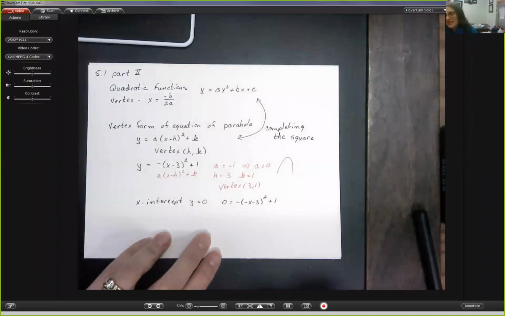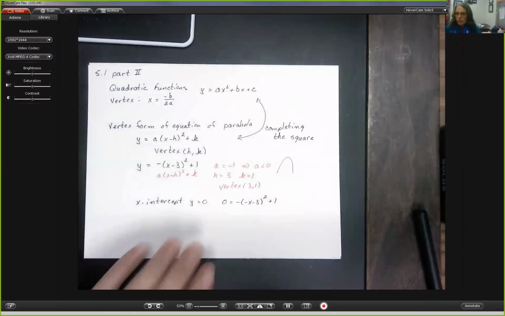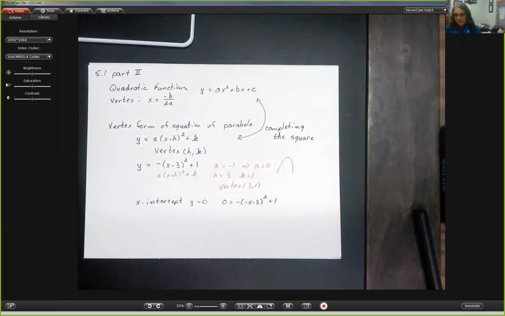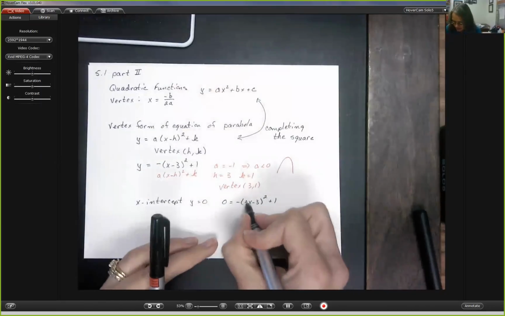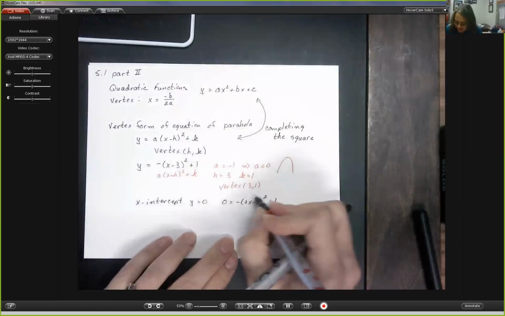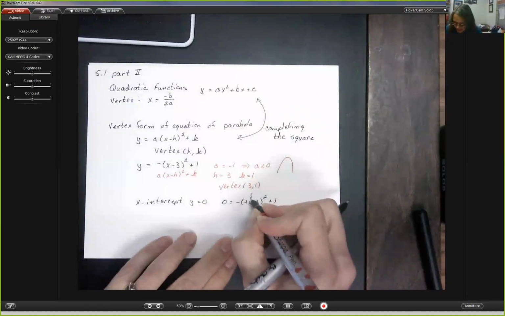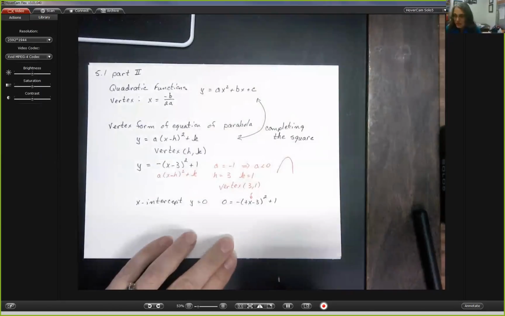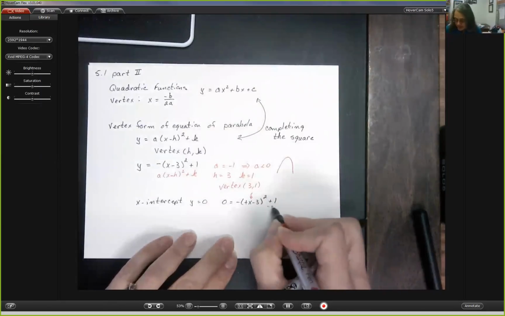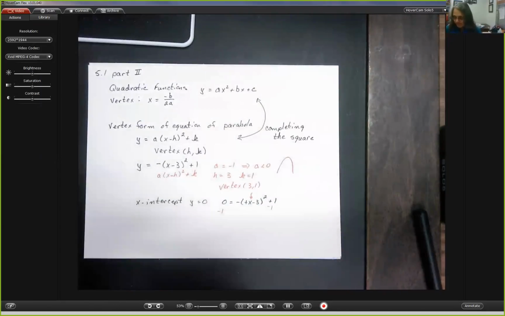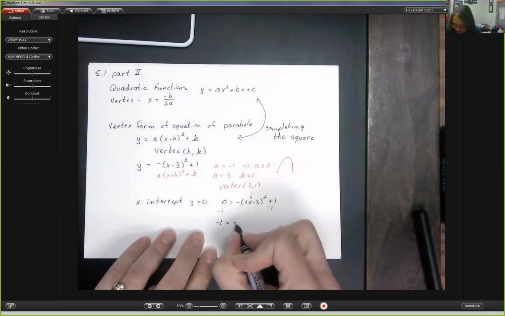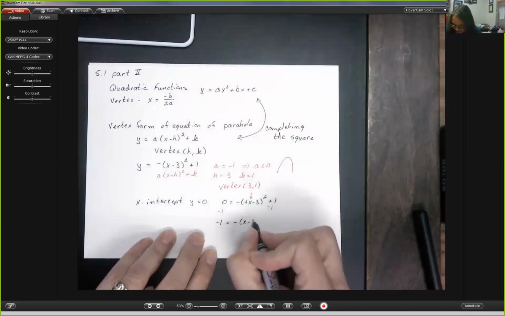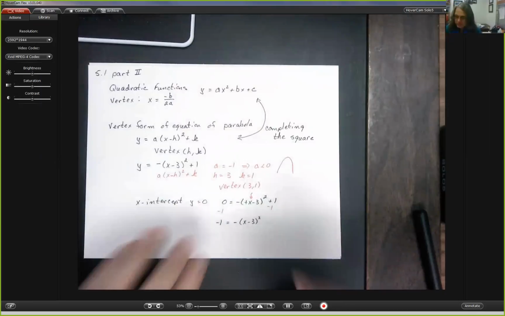Let me show you an easier way. The only x that I have is right there inside that set of parentheses. So I'm going to start by just subtracting 1 from both sides. And I end up with negative 1 equals negative x minus 3 squared.